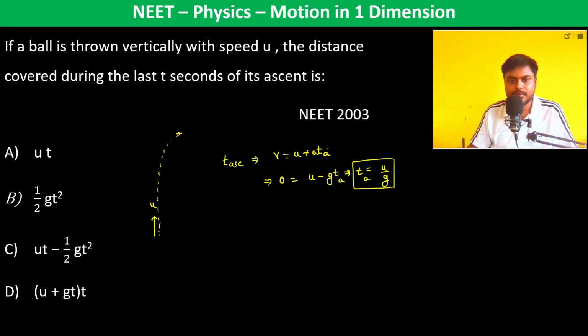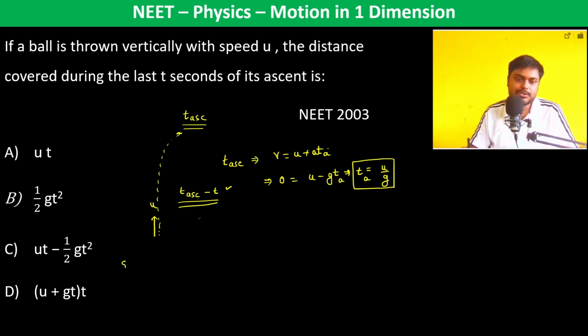So the distance traveled during the last t seconds is between t ascent and t ascent minus t. Let us find out.